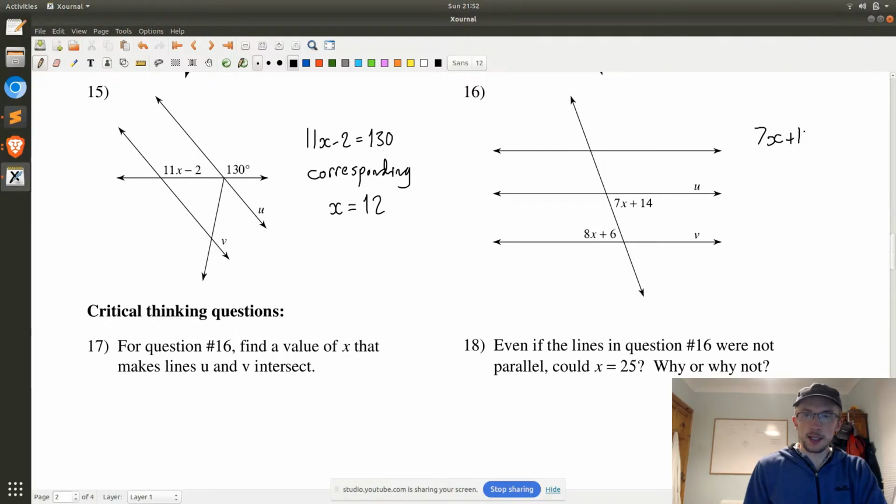And lastly, in this batch, 7x at 14 would have to equal 8x at 6, as they would have to be alternate interior angles. And so x at 6 would equal 14, so x would have to equal 8.